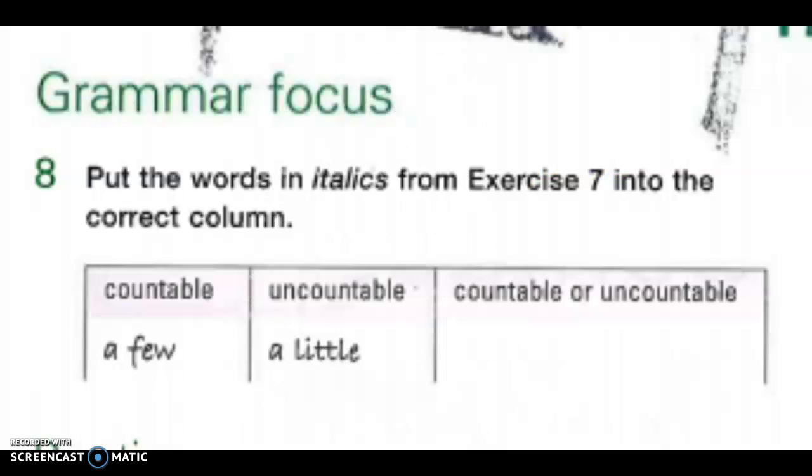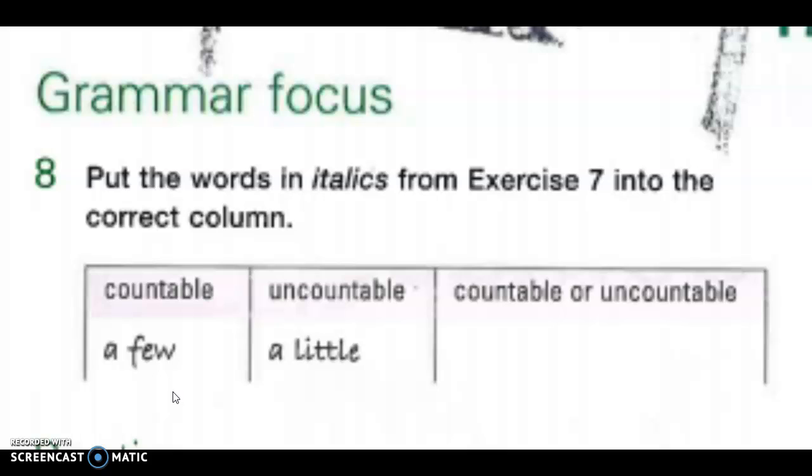With the help of some good targeted CCQs, they can then go on to do exercise 8 in the book, which is to put the words in italics from exercise 7 into the correct column. So 3 columns, and they put the words into the correct column. So for example, a few is for countable nouns.